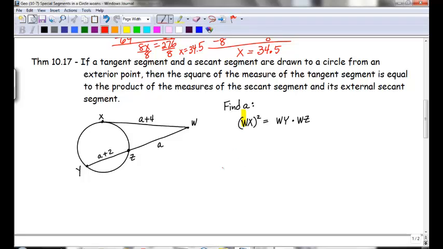So substitute in. We'd have A plus 4 quantity squared. The WY is the whole thing. Combine like terms, what are you going to get? Yep, 2A plus 2. And then WZ, the exterior part, is just A. Now, we talked about this last week.